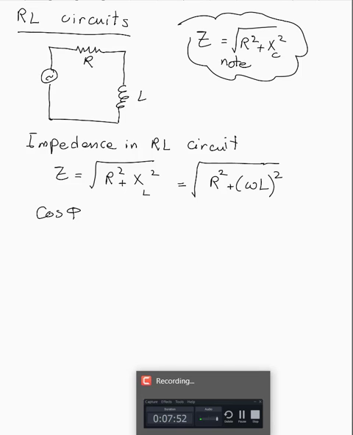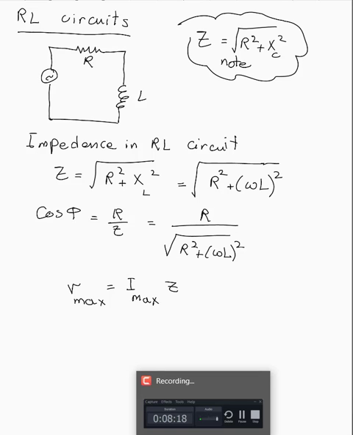So cosine phi is R divided by Z, which is R divided by the square root of R squared plus omega L squared. Okay, how about the relationship between voltage and current? Now, if you think about it, we have exactly the same thing. So V max is going to be I max times Z, and then here is the Z that we use. And the same for RMS values. So V equals I times Z.